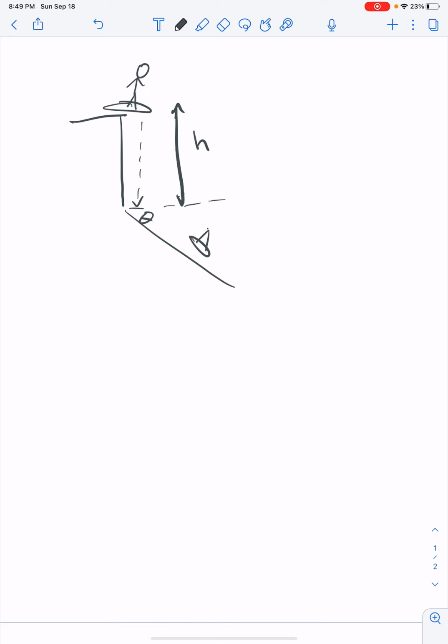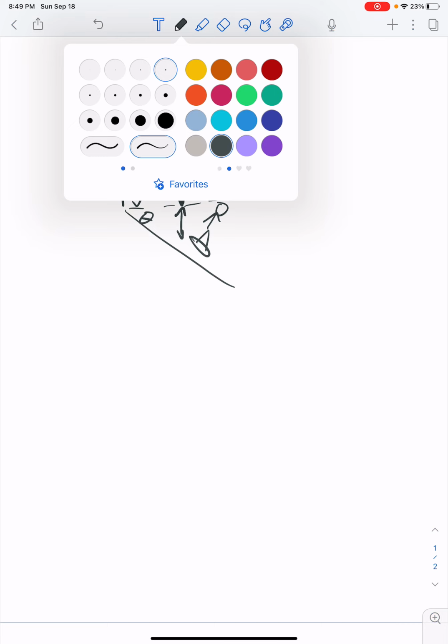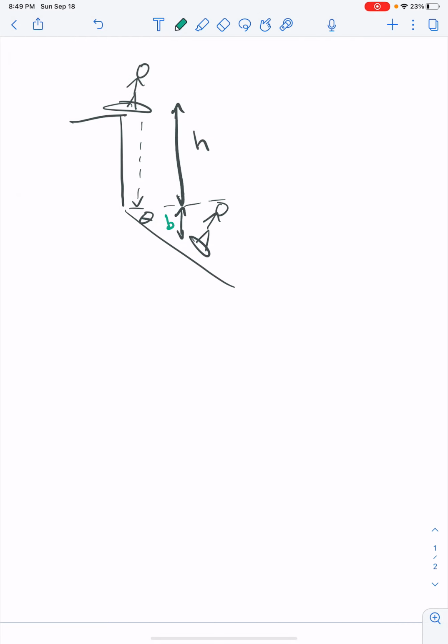at an angle like this. By the time they drop some additional distance b vertically, they no longer have a velocity perpendicular to the slope. To describe this problem, we want to think about this rotated coordinate system here.